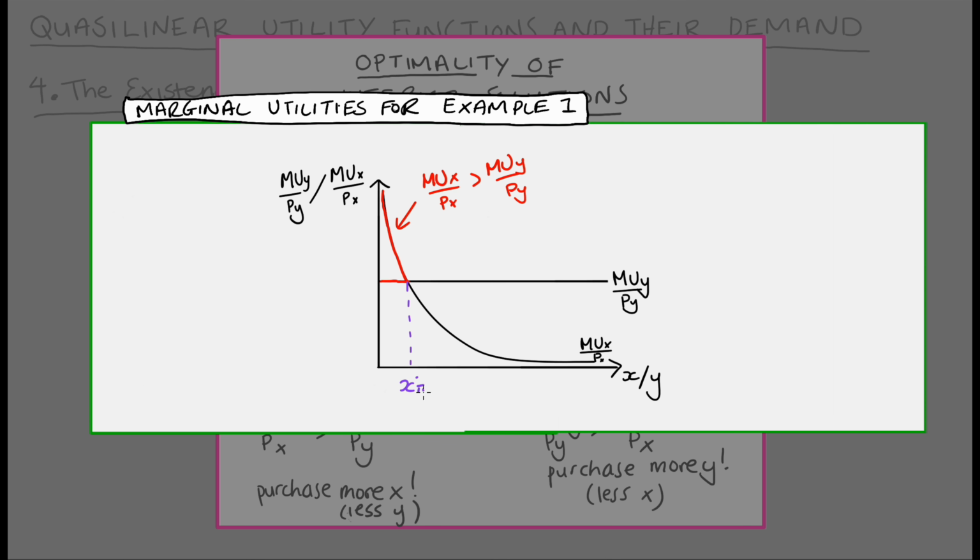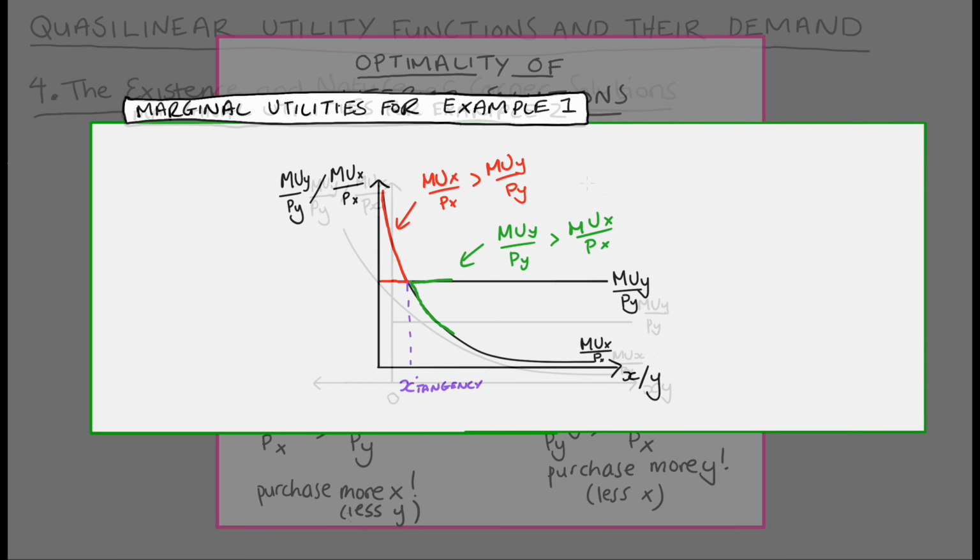After which, if we get any more money, we're going to spend all of that additional money on y, because after that point, the marginal utility per dollar spent on y is greater than the marginal utility per dollar spent on x. So that's another perspective that we can take to understand what's happening, both with our corner solutions and our interior solutions as well.